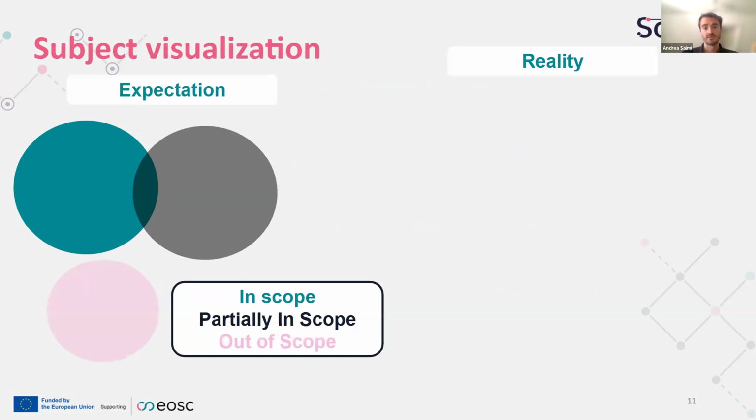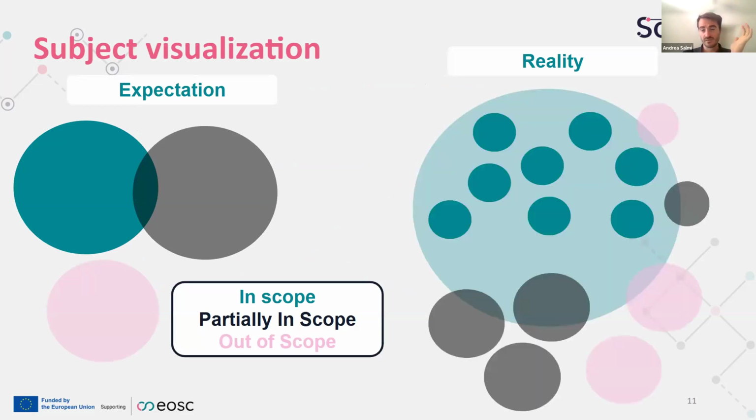So our expectation of defining the knowledge space was really simple: to have a result that is really in scope, related just with energy, and then maybe relate some other fields, some other keywords that are partially in scope, and try to avoid everything that is out of scope.